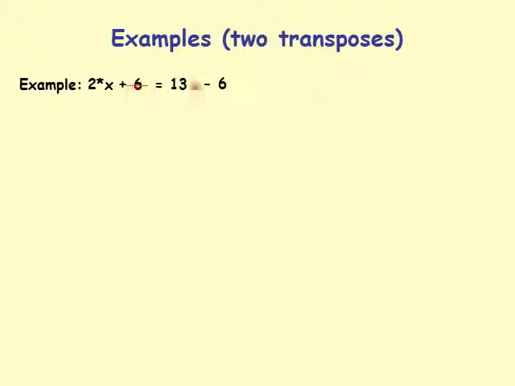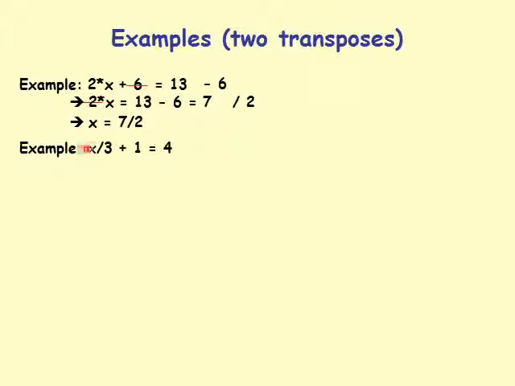So far we have 2x equals 13 minus 6, which is equal to 7. Now I move this multiply by 2 to the right across the equal sign, and it becomes divided by 2. So x is 7 by 2.